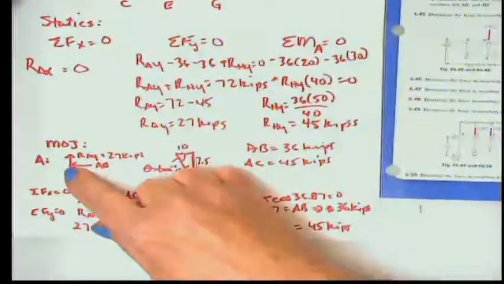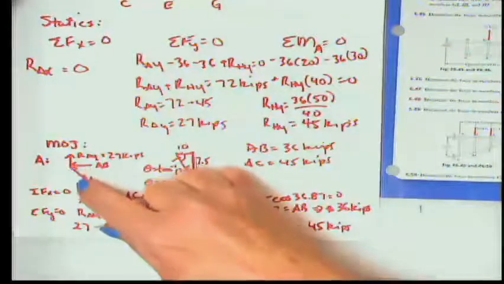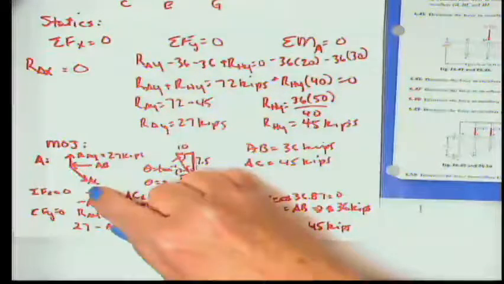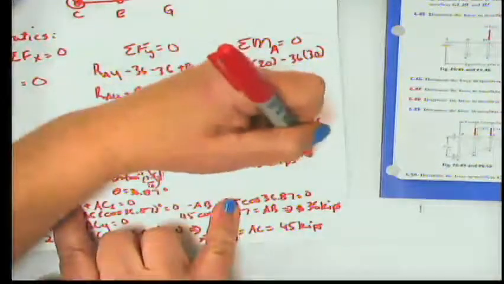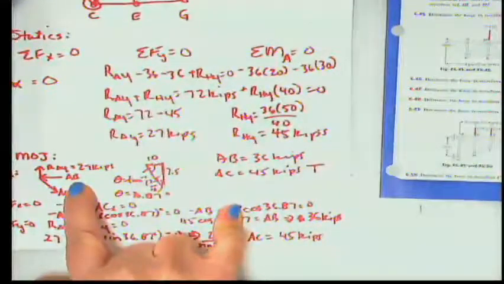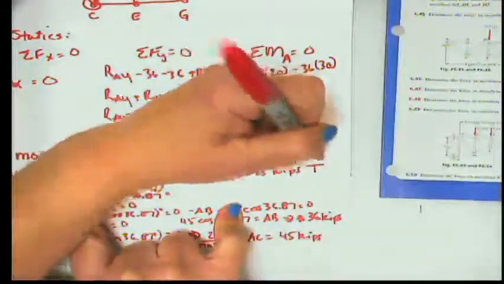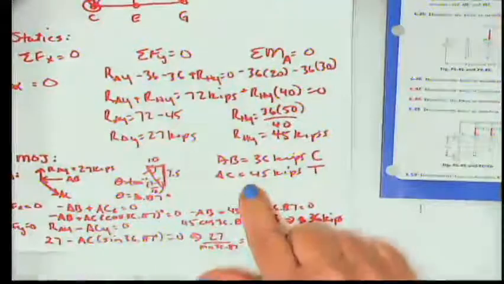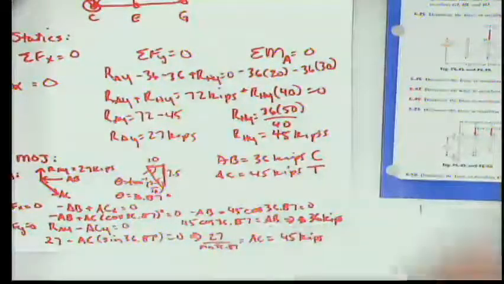We're thinking about it from the point of view of the connector at point A. Is force AC pulling on point A or pushing on point A? Pulling. It is, and pulling means tension. So that means tension. What about AB? Is it pulling on A or pushing on A? It's going to push towards the connector. Perfect. And so those are our first two answers.